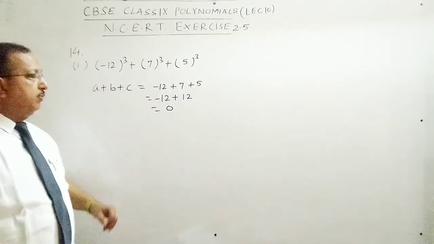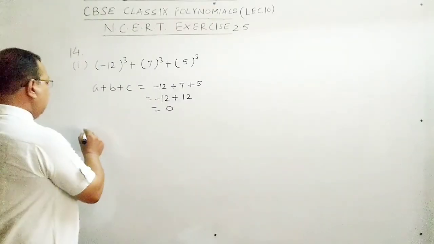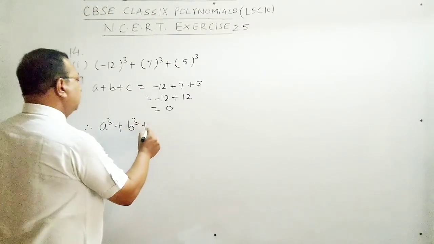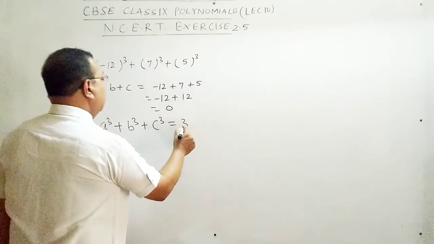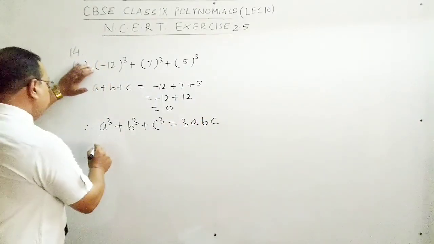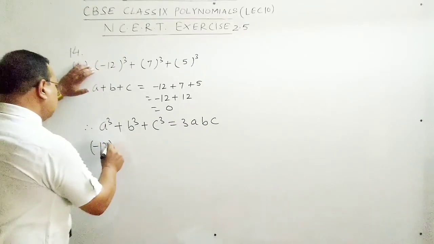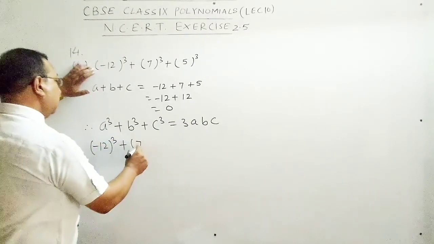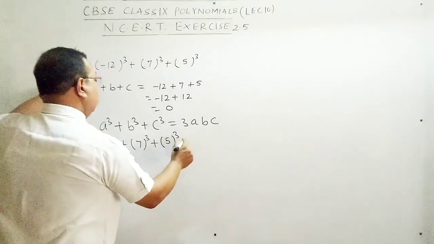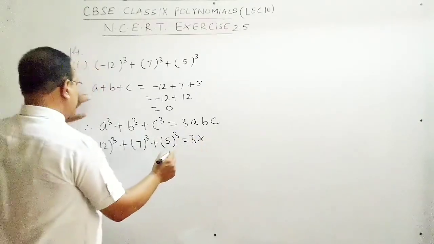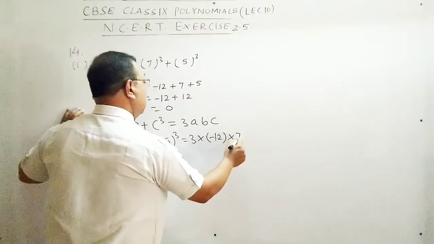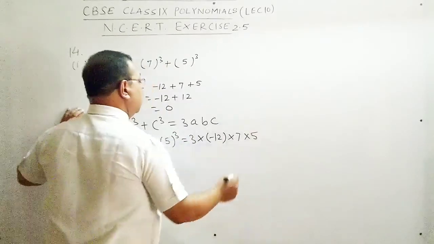When a plus b plus c equals 0, then a cube plus b cube plus c cube equals 3abc, means minus 12 whole cube plus 7 cube plus 5 cube equals 3abc.